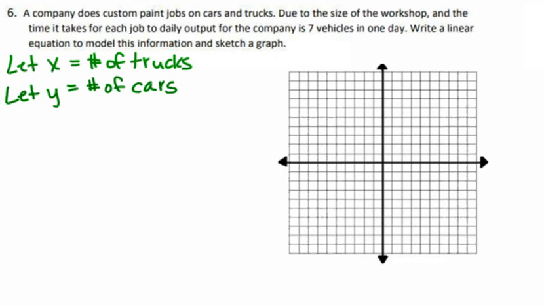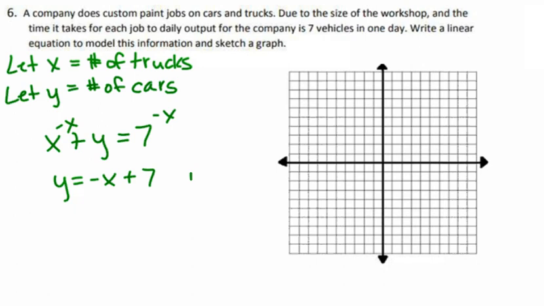So we know that the total, however many trucks we paint, however many cars we paint, has to be no more than 7. So x plus y equals 7 in 1 day. Let's change that into y equals mx plus b form, so subtract x from both sides. y equals negative x plus 7.